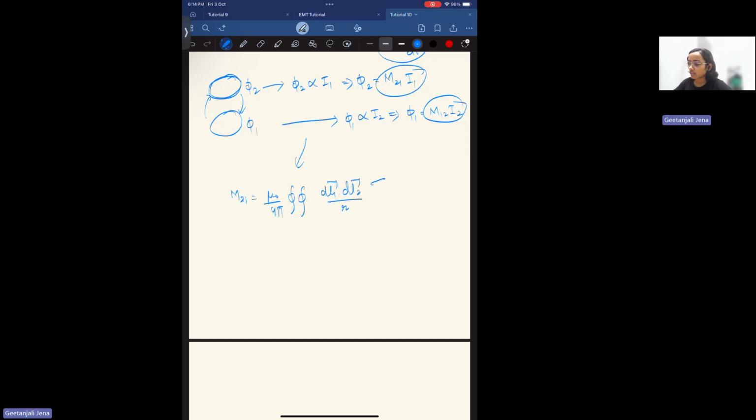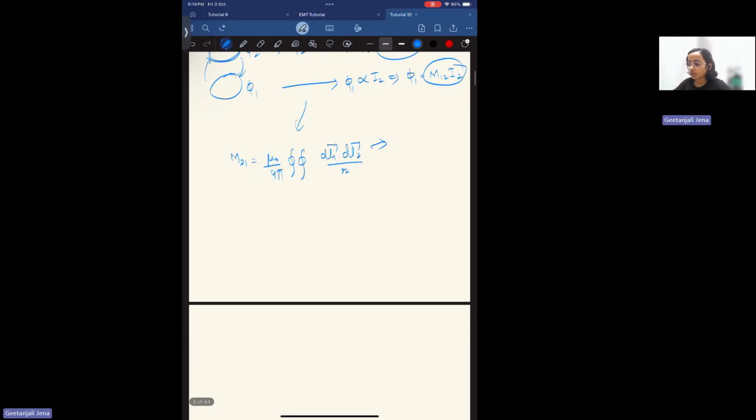This indicates that the mutual inductance depends on the geometry of the objects, like the shape or the size of the objects, and it also depends on the position of these two objects.